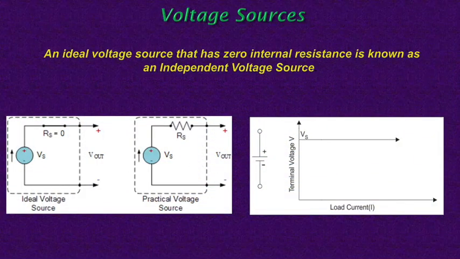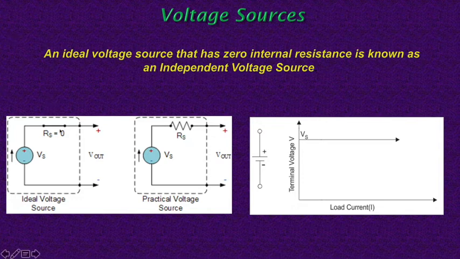Voltage source. An ideal voltage source that has zero internal resistance is known as an independent voltage source. But in practical case, there is no zero internal resistance.